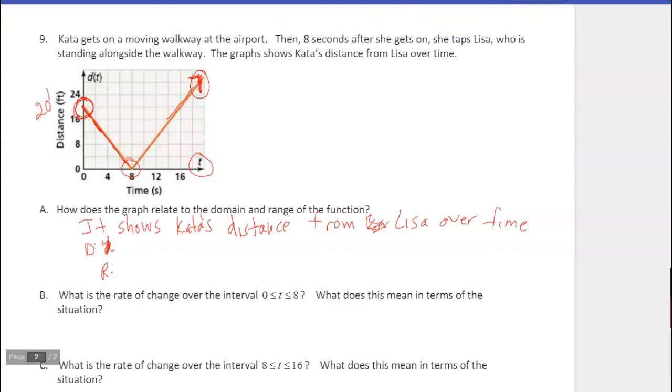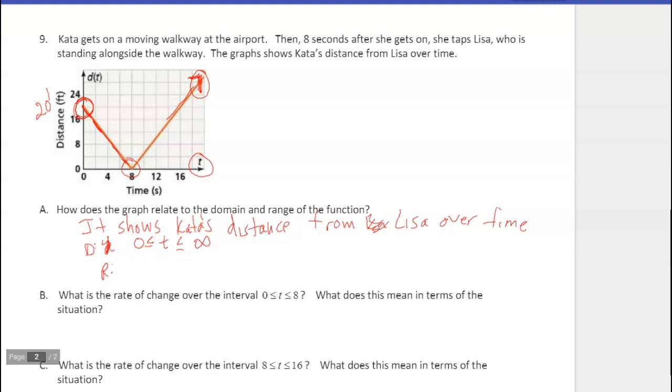Our domain is from 0 all the way up to whatever time you pick. And then this is going to go on to infinity, really. Although, again, at some point there'd be a reasonable end to this, but this problem doesn't give it to us because it does have an arrow.